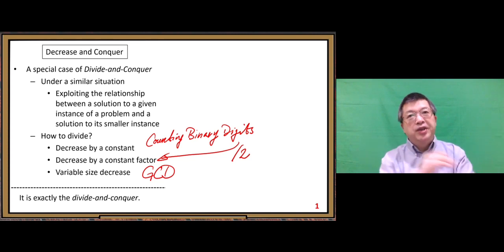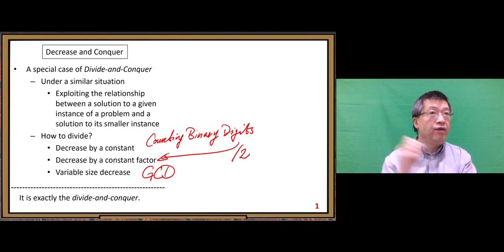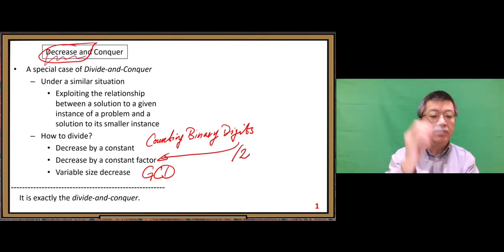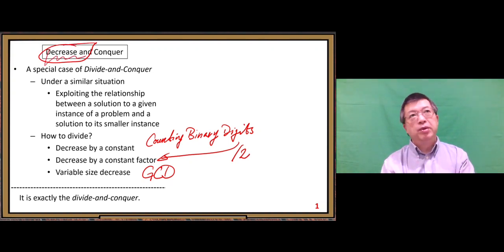But here I want to make some comments. I remember I mentioned this terminology before. The author of our textbook calls this decrease and conquer, especially this part. Usually people do not call it this way. This is the author's opinion, so other people may not choose to call it this way.